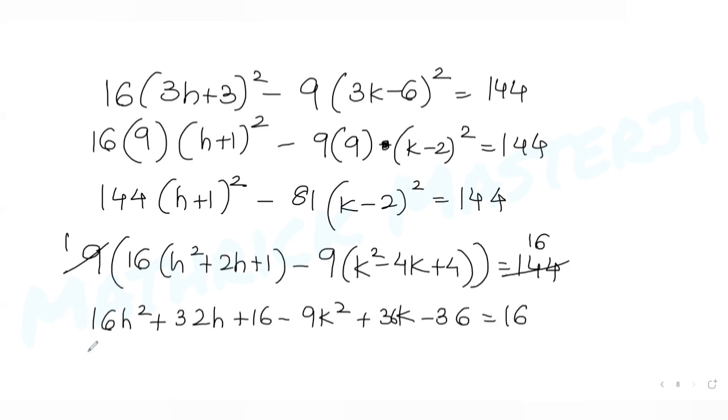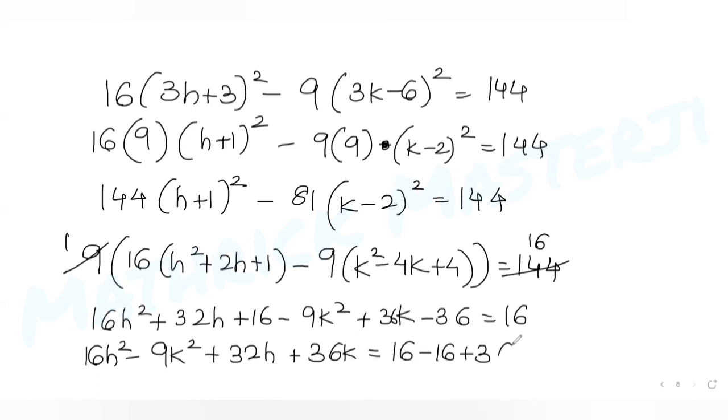If I solve this entire thing, I get 16h square minus 9k square plus 32h plus 36k equals 16 minus 16 and plus 36. So that gives you plus 36. Now instead of h and k as my centroid points, I'll just put my locus points, that is x and y.